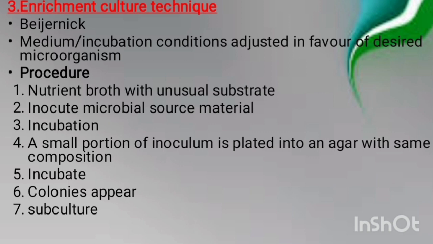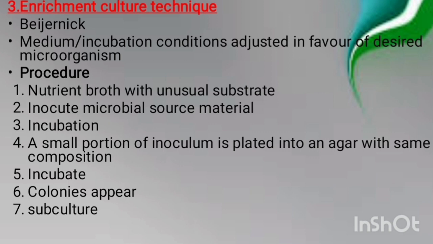The procedure is simple. First step, a nutrient broth with an unusual substrate, for example cellulose powder or other chemical, is inoculated with the microbial source material. Microbial source material is soil or other source material. Then that nutrient broth is incubated with that source material.